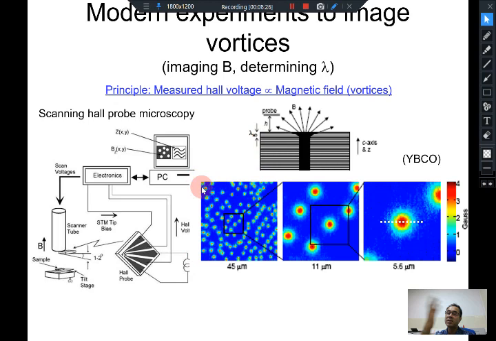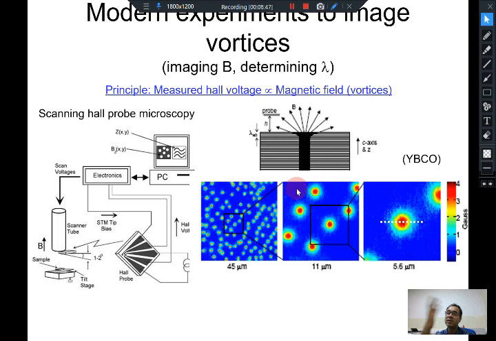So this is your X and Y, and wherever you have a Hall voltage signal, you can color it. At the center of the vortex, there is a strong magnetic field that becomes red, and as you go outside from the core of the vortex, you will see the magnetic field decay out. So the magnetic field is strongest in the center core of the vortex, and it decays as you go outside to the periphery.